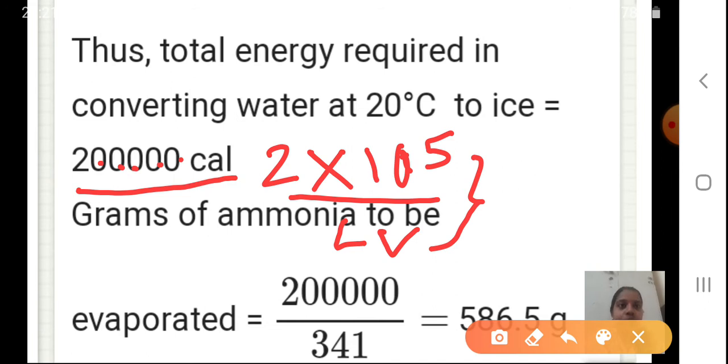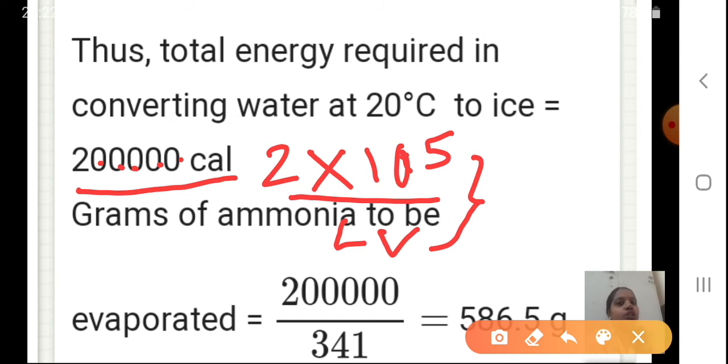Students, again I will tell you. First we calculated the energy which is released while the water is cooled. Then at 0 degree, the water is going to turn to ice, and I calculated how much energy is released at that time.